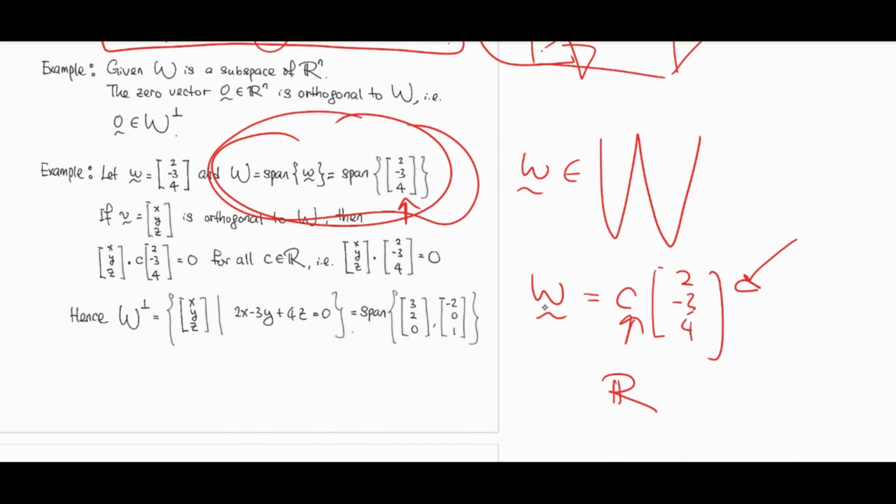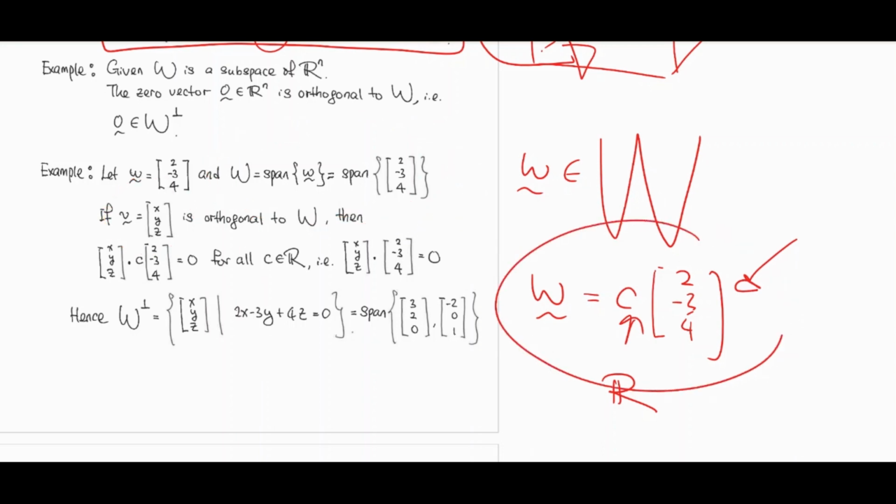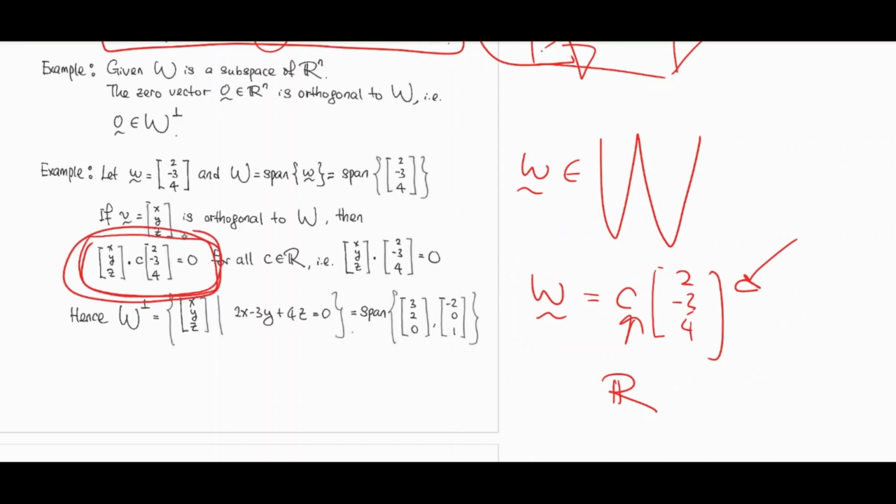So if you are looking for a vector v that is orthogonal to these vectors, then you have to make sure that their dot product is 0. You want this equation to hold for all possible scalars, and this actually implies that this dot product right here has to be 0.